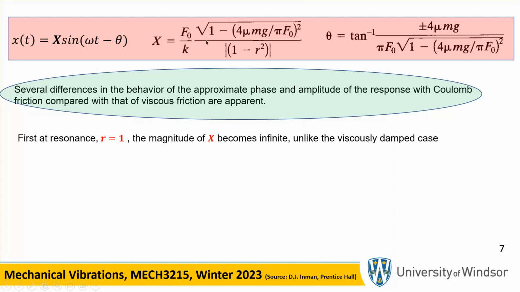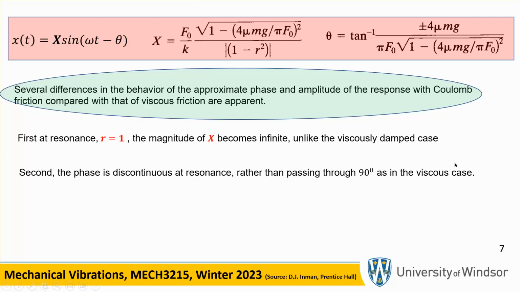Now, this did not happen when we had viscous damping in the last 3 weeks. X never went to infinity unless damping was 0. So this is a significant difference between the true viscous damper and the equivalent viscous damping for the Coulomb problem.